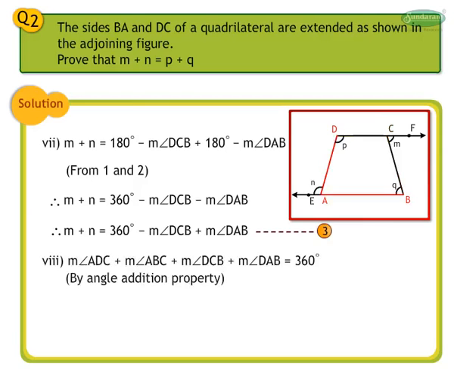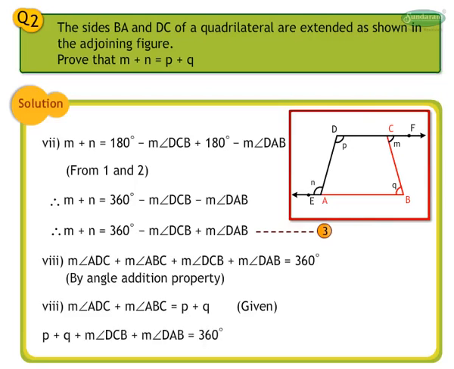By angle sum property, measure of angle ADC plus measure of angle ABC plus measure of angle DCB plus measure of angle DAB is equal to 360 degrees. Also, it is given that measure of angle ADC plus measure of angle ABC is equal to P plus Q. Therefore, P plus Q plus measure of angle DCB plus measure of angle DAB is equal to 360 degrees.